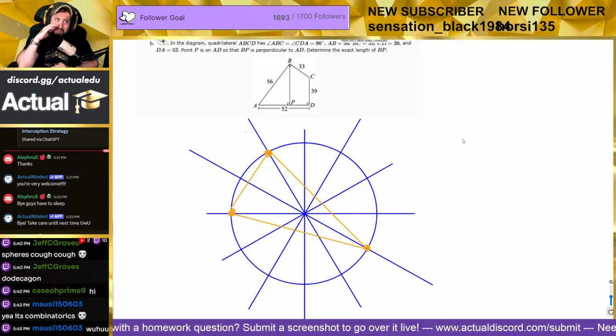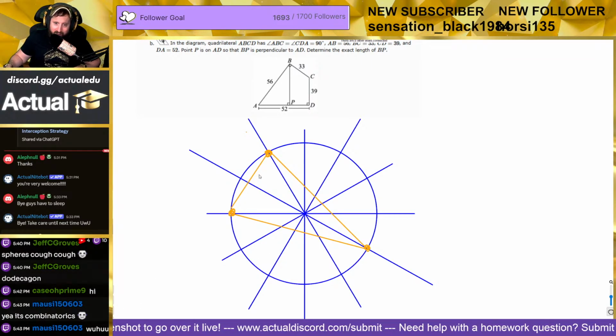Yeah, the problem is the double counting, right? I don't want to double count. Let me just draw a couple so I can make this make sense to me.